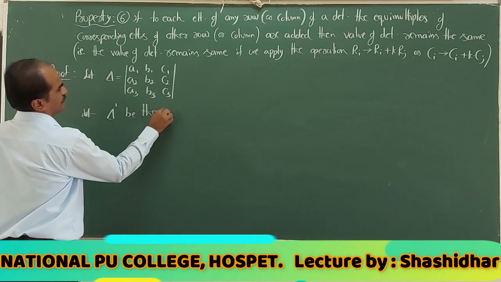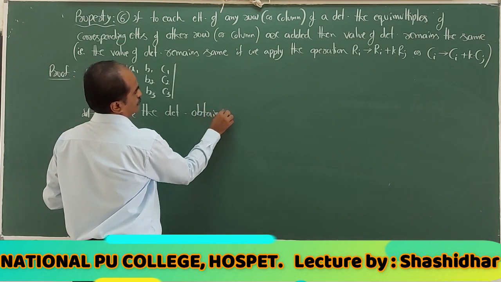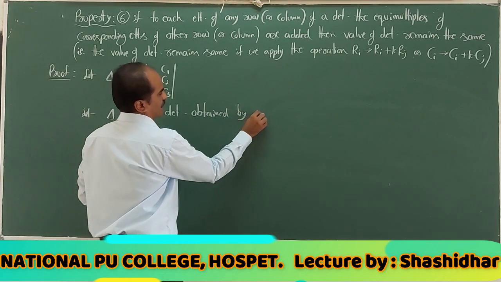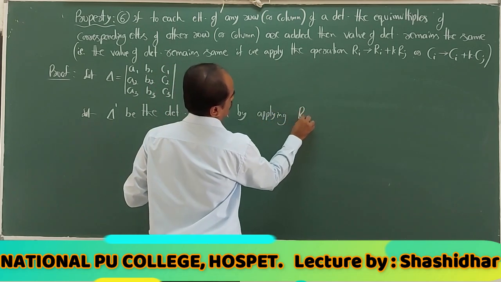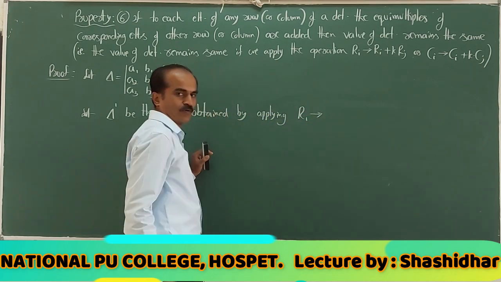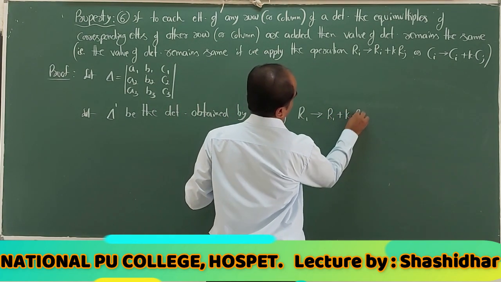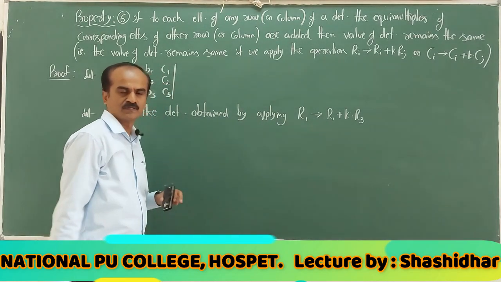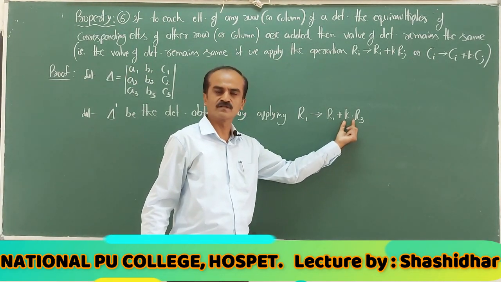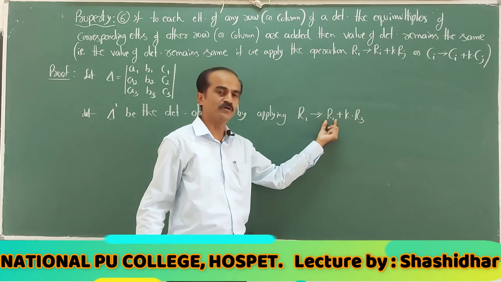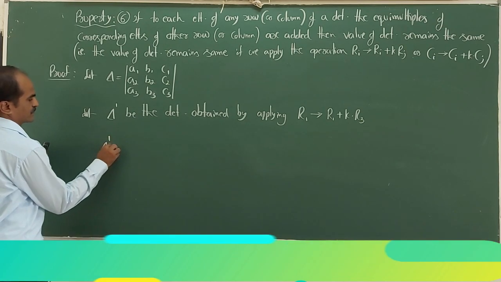Delta dash is the determinant obtained by applying the row operation R1 changes to R1 plus k times R3. What I did: multiply the third row elements by some non-zero real number, then add it to R1. Now let us see what that delta dash is.